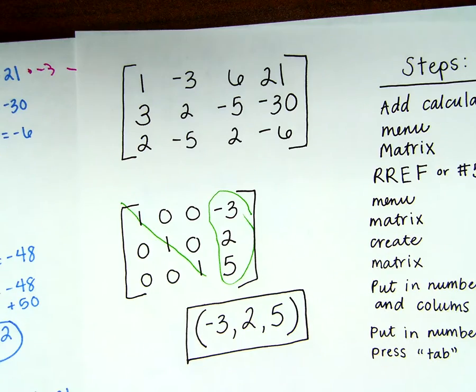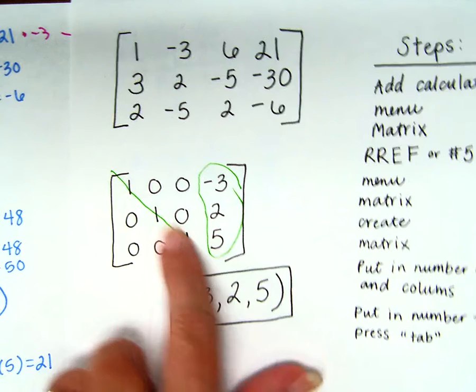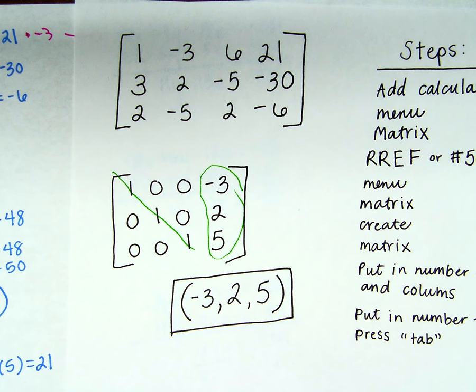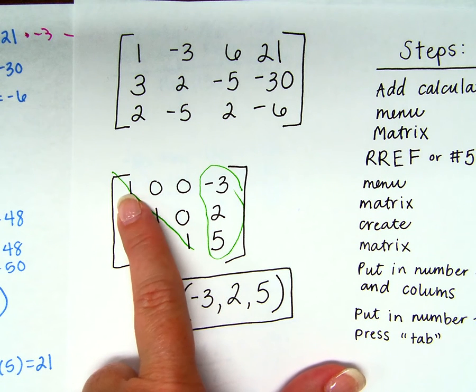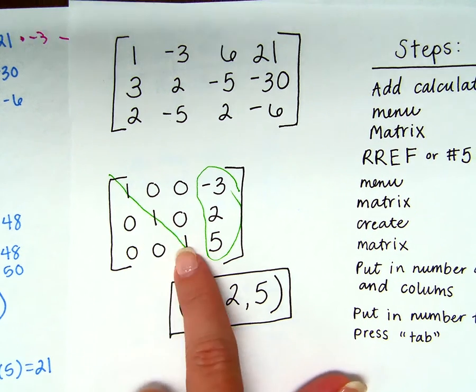So will we ever do any problems where this is not a diagonal of ones? Yes. I need you to know what to do. It's going to be harder for some of you than others because you have to think about it. That was just a little joke. What's going to happen is maybe this might be a 1 and maybe this might be a 1, but this is going to be a 0.